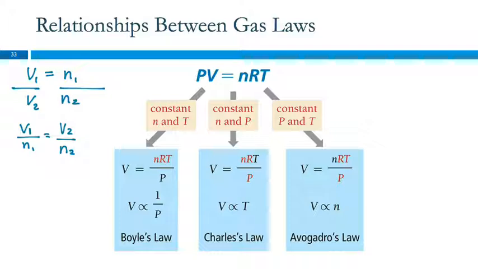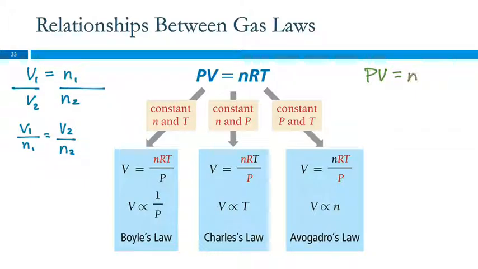Yes? The constant, R, is never going to change, but the other things depend on the problem. Right, so for Avogadro's law, P and T are constant. If we were doing something with constant n and P, then we'd cross out the n's and the P's. We could do that over here, maybe in a different color.